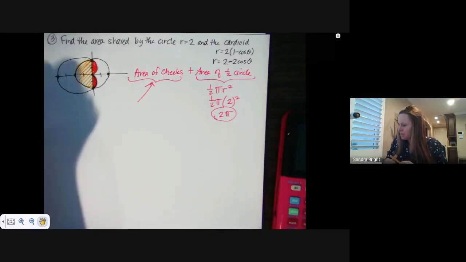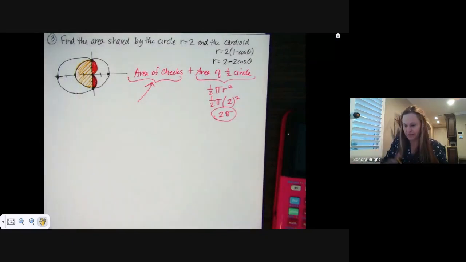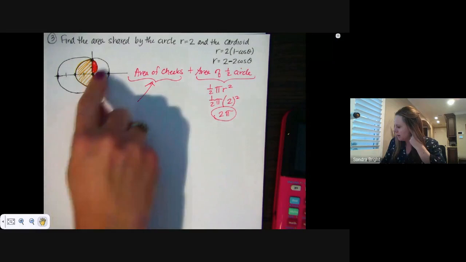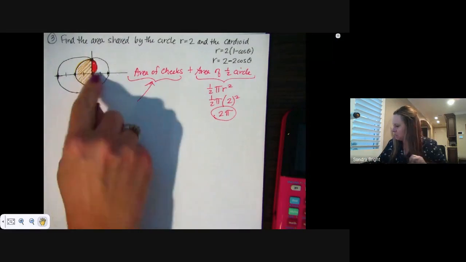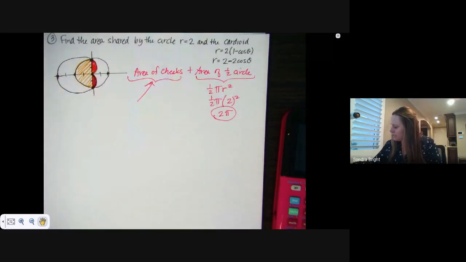Okay, so I need the butt cheeks. I can also use symmetry. The top cheek is totally symmetric to the bottom cheek. Let's figure out, where does this start? When cosine is 0, you start at 0.